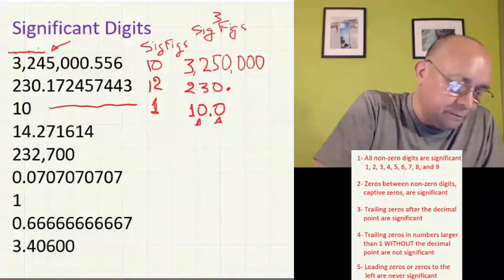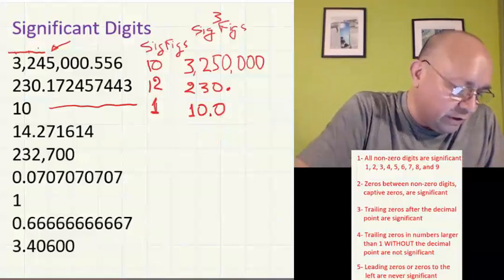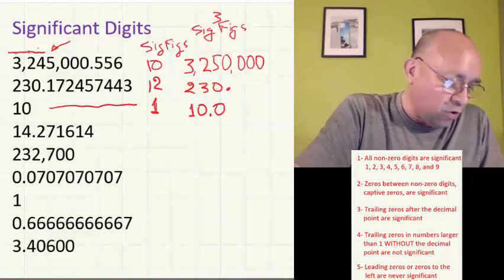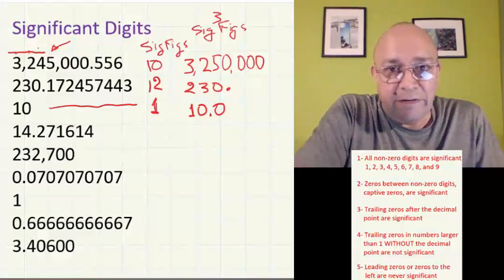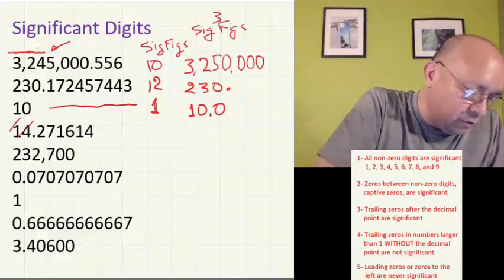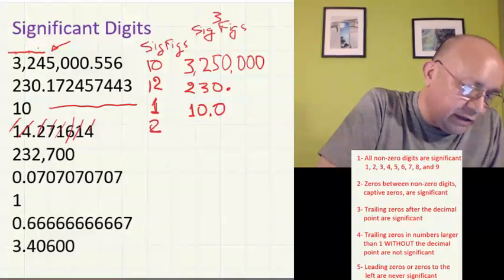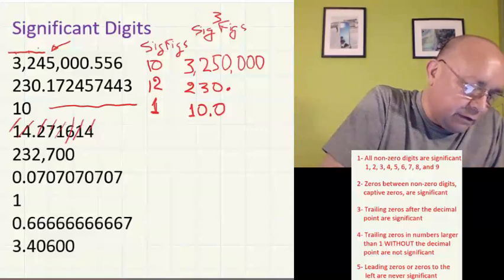All right, let's continue. Now the next one, 14.271614. All those are digits different from 0, so all of them are significant. So we have 1, 2, 3, 4, 5, 6, 7, 8. So we have 8 significant digits.